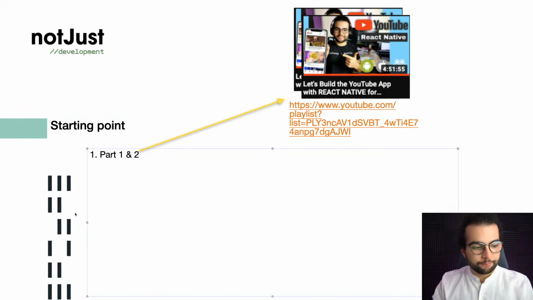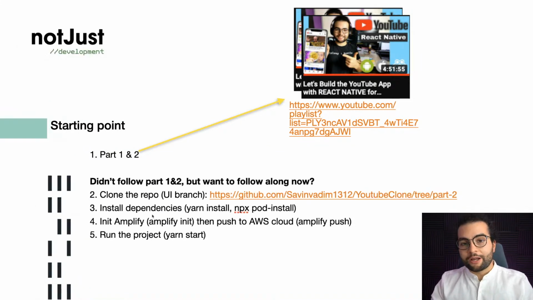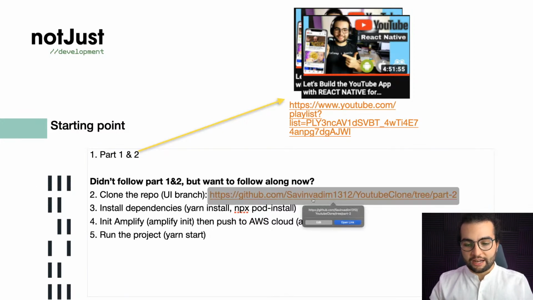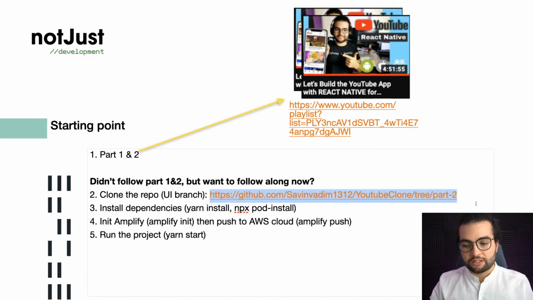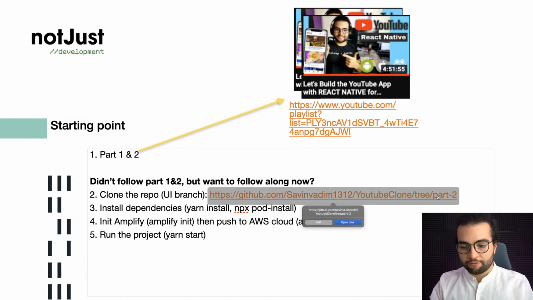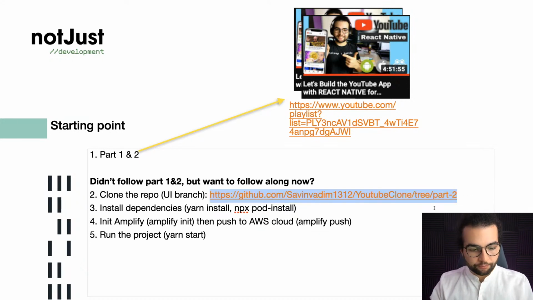I recommend you start from those videos in order to be able to follow along from the beginning. However, if you want to start from the same point as we will start today, you can clone the repository that I provide here, but make sure to clone the part2 branch, because in future the main branch will be updated, and you want to have the code at this moment in time.